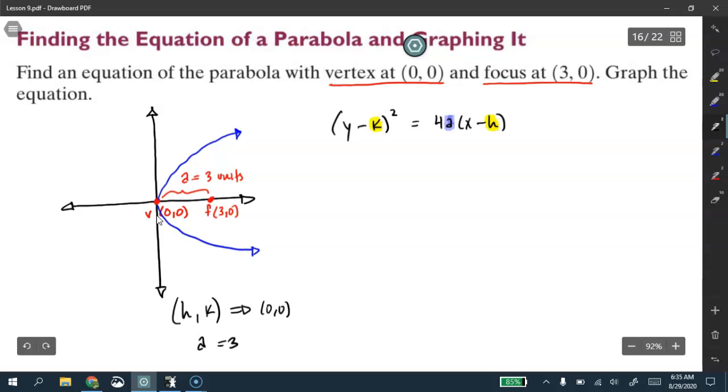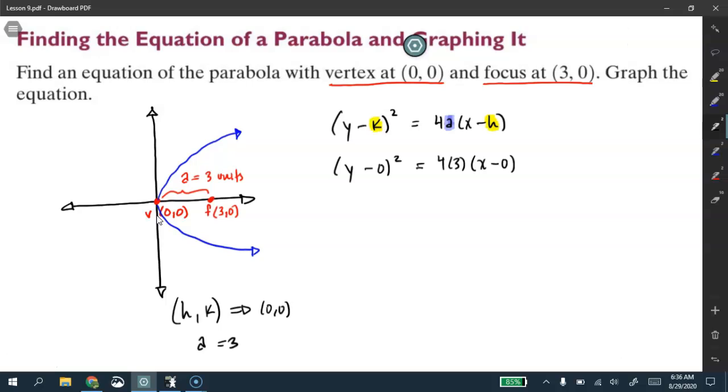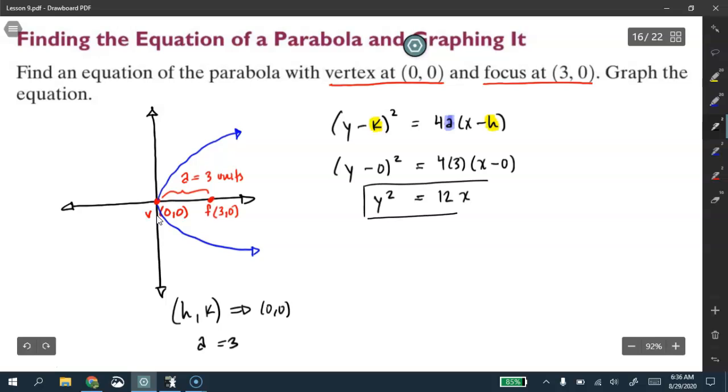So the formula will look like the following: (y minus 0) squared is equal to 4 times 3 times (x minus 0). And notice how y minus 0 is simply y, so you end up with y squared. And 4 times 3 is 12, so you end up with 12x. And that is as far as you need to go with that problem, and you can stop right there.